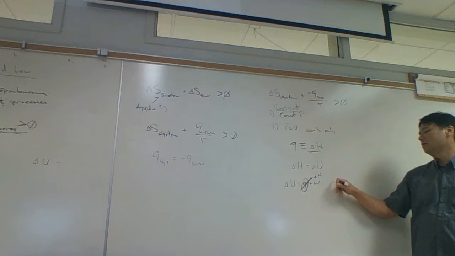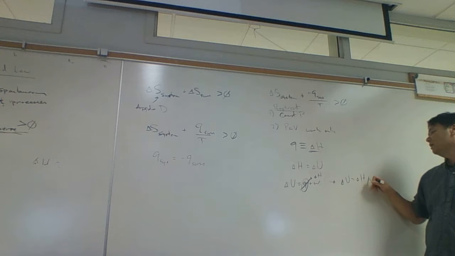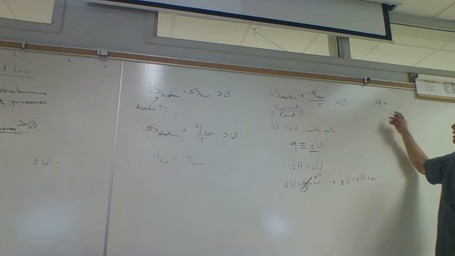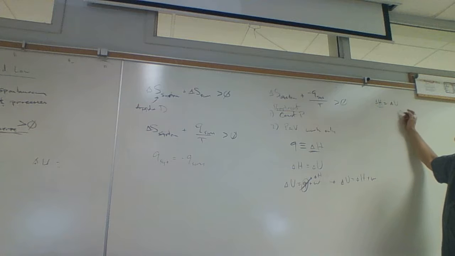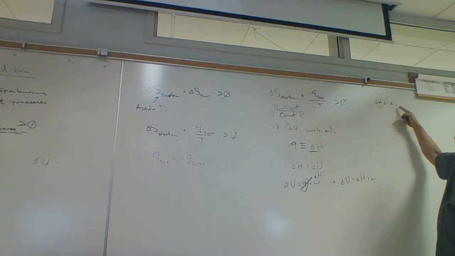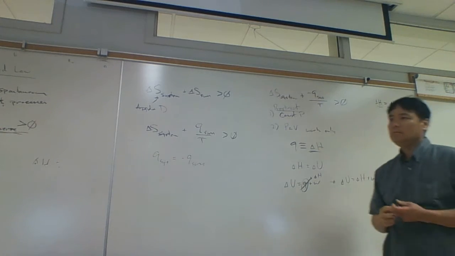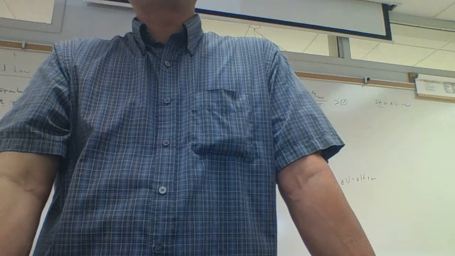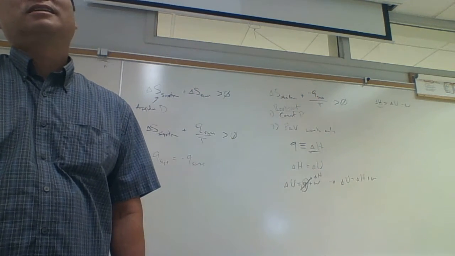And so this is going to give us delta U is equal to delta H plus W. What I think of delta H, as a conceptual thing, if I try to visualize what's going on with delta H compared to delta U, is this: delta H is equal to delta U minus W. Does somebody remember this, the analogy last year?